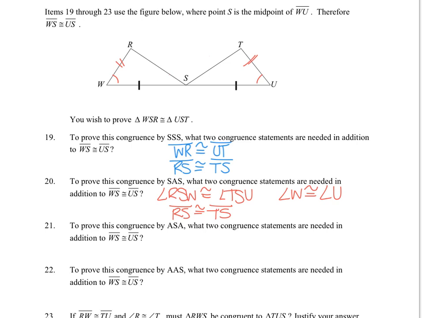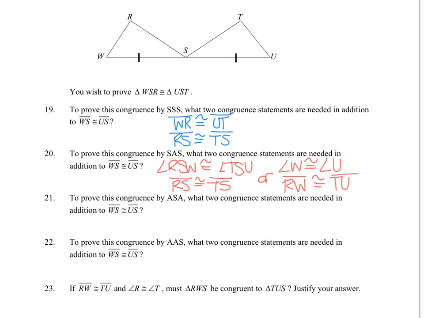However, you could also write angle RWS is congruent to angle TUS. We'd also need to prove that RW is congruent to TU. So there's two different ways that we can prove SAS. It doesn't matter which one you pick, just understanding that both work.